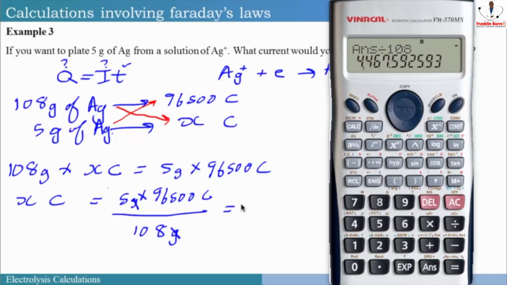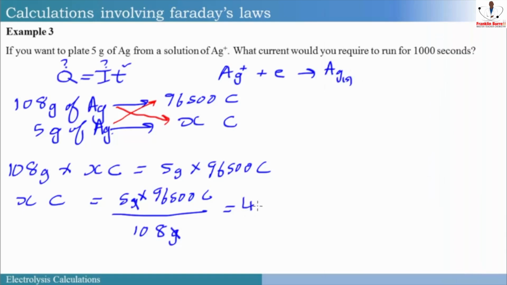4,467.60. So that is 4,467.60 coulombs. Now we are not through with the question because we want to know the current required.